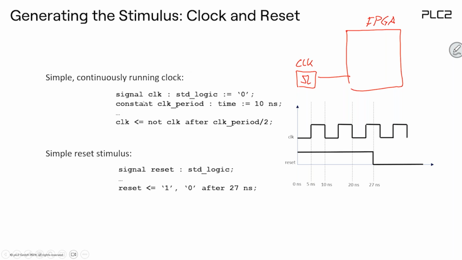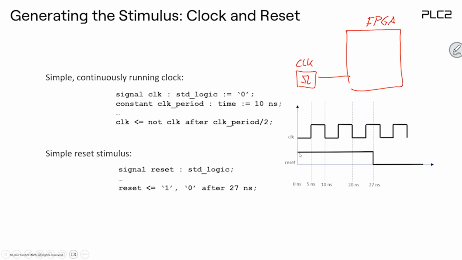We define the signal clock, and define also initial value 0, and then maybe we define a constant clock period of type time. Then we say clock is not clock after clock period, half of them. So in this case, we will have a definition of a 100 megahertz 50-50 clock signal. Okay, you decide the 50-50, and that would be the clock.